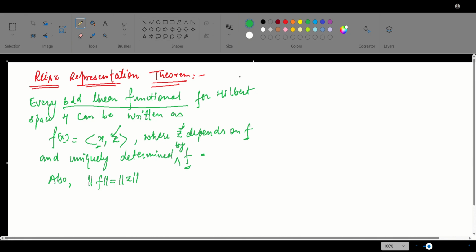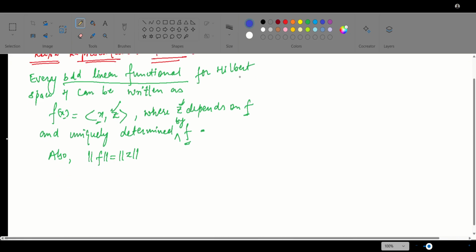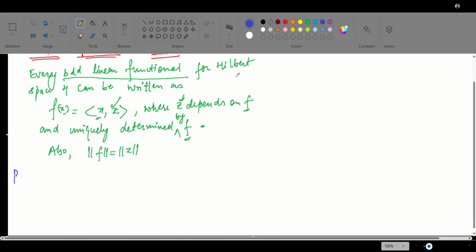So prove. How we will prove? Now there are actually two cases. Let us suppose case number 1: if f is identically 0, then what will happen? Then z must be equal to 0.